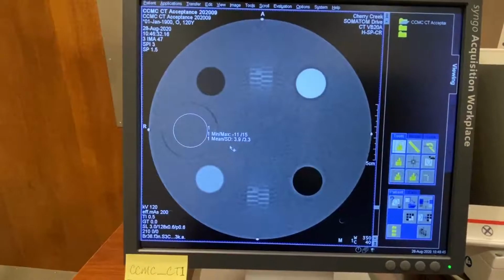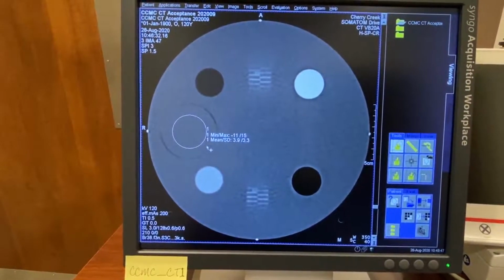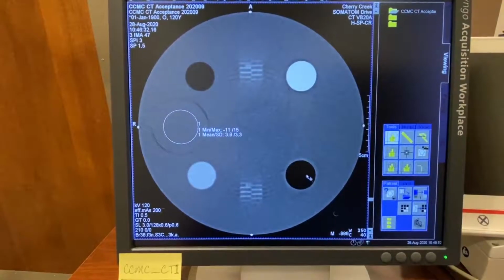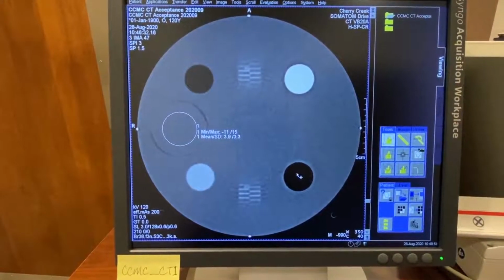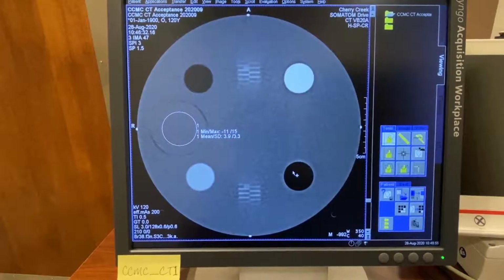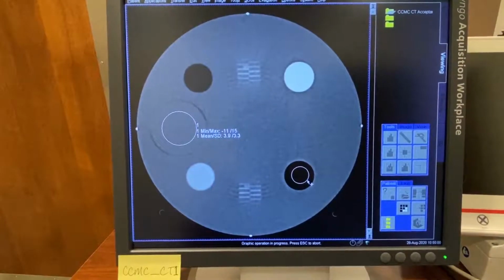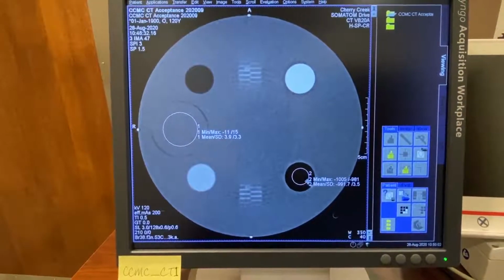So the pass-fail criterion for this is plus or minus 7. And this black area is the air. And the air we are supposed to see minus 1,000, right? That's the definition.